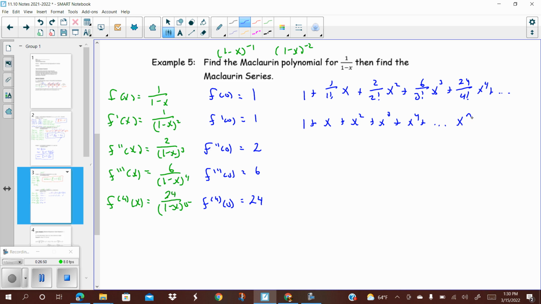And I am hoping that some of you are thinking, well, wait a minute, or maybe you already figured this out before. That looks awfully familiar, and it should, because we already know that 1 over 1 minus x is the sum, as n goes from 0 to infinity, of x to the n. And that's something we did in the previous lesson.